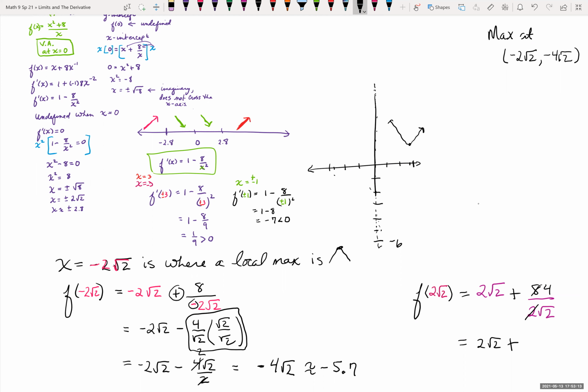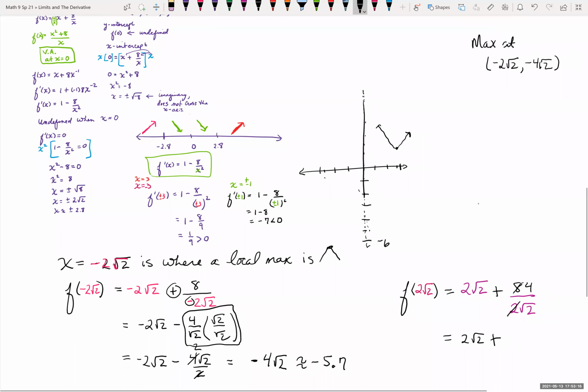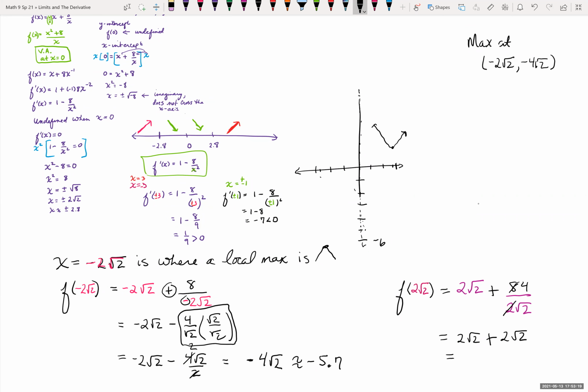We got back that that was 2 root 2. So this is 4 root 2, which is approximately 5.7. So I'm just estimating. And this was decreasing to increasing, so min at 2 root 2, comma 4 root 2.